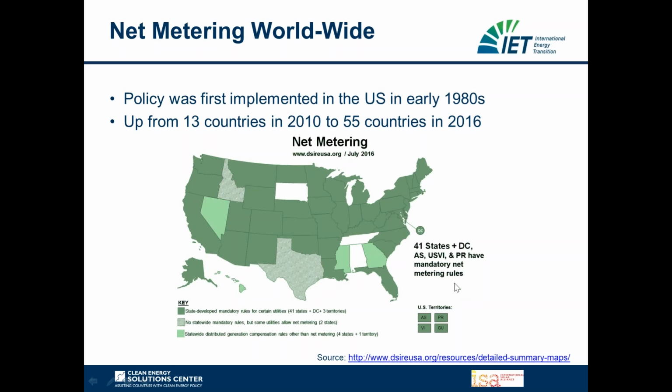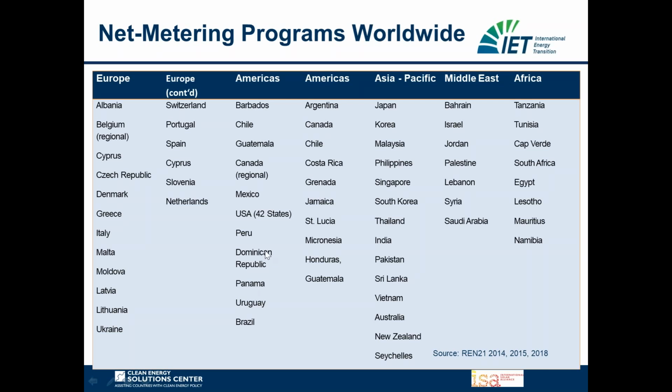As you can see from this map, it has been primarily used in the United States, where 41 states out of the 52 states are currently using net metering. Here is a quick overview of all countries around the world that are currently using net metering, and you can add a new country to this almost every month by now.